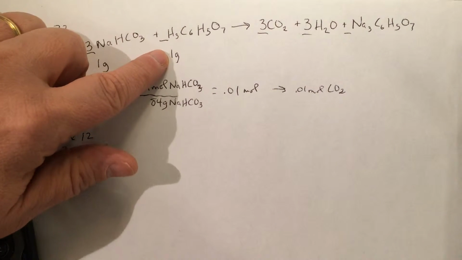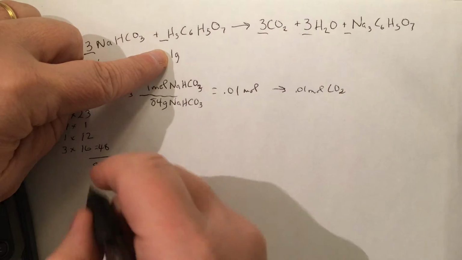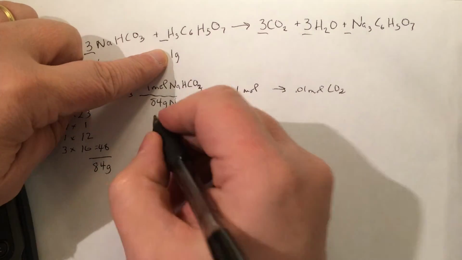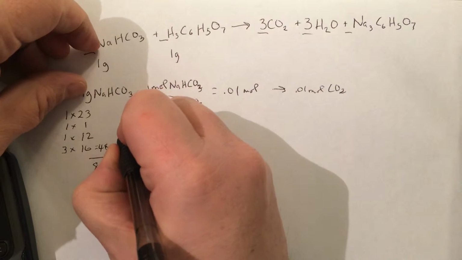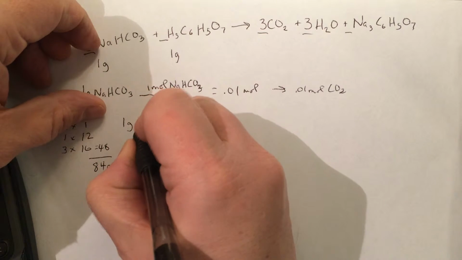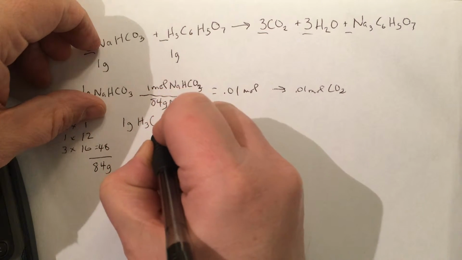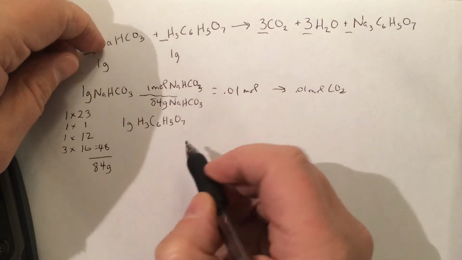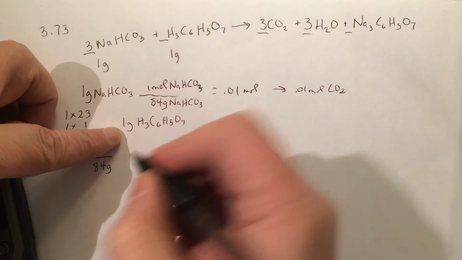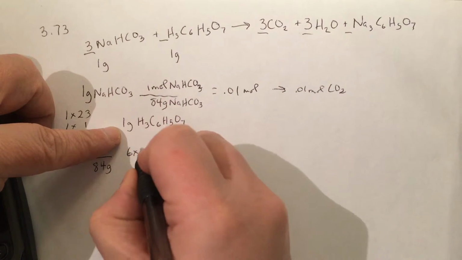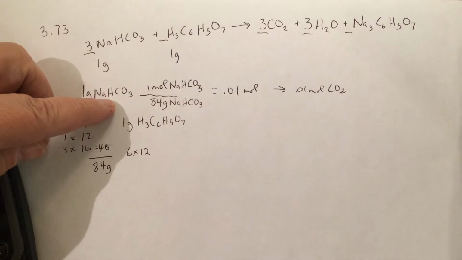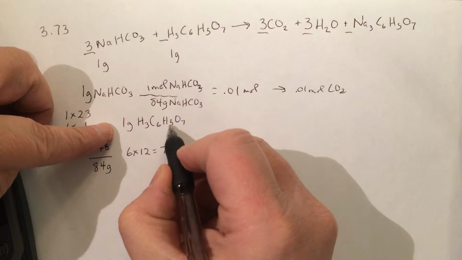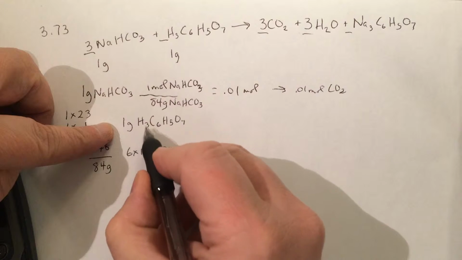Well, let's see how much the citric acid would yield. Okay, we want to know which is going to make less of this. Okay, so let's start again. 1 gram of the H3C6H5O7. Okay, so let's find out how much this is. 6 times 12 equals 72. This hydrogen is 5, 6, 7, 8.